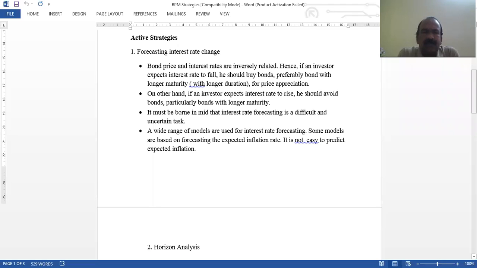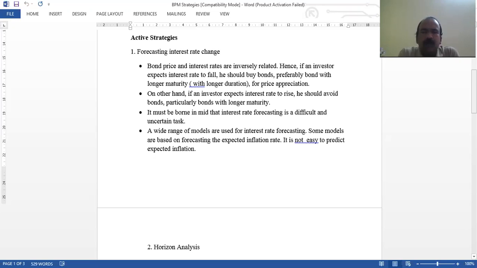Hence, if an investor expects interest rates to fall, he should buy the bonds because bond prices will increase, preferably bonds with longer maturity or longer duration, so that he will get price appreciation. On the other hand, if the investor expects interest rates to increase, he should avoid bonds, particularly bonds with longer maturity. Such bond prices will decline, so he will face capital depreciation.